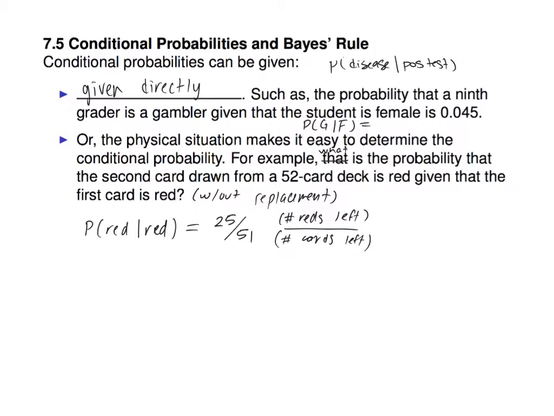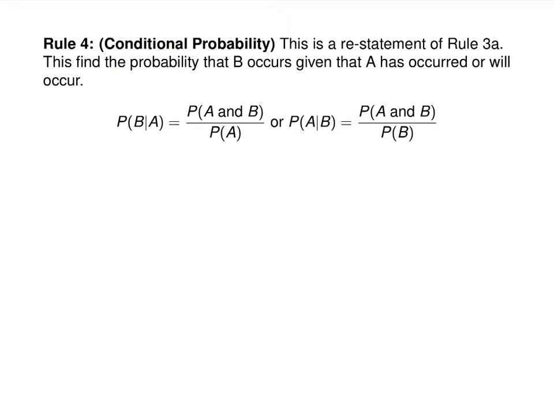Now the other way we found conditional probabilities was using this rule, right? This is what your book called Rule 4, but it's also a restatement of what they had for Rule 3A. Rule 3A just had the P of A over on the left side instead of in the denominator, and the P of B over on the left side instead of B in the denominator. That's just like multiplying to get it out of the denominator, right?